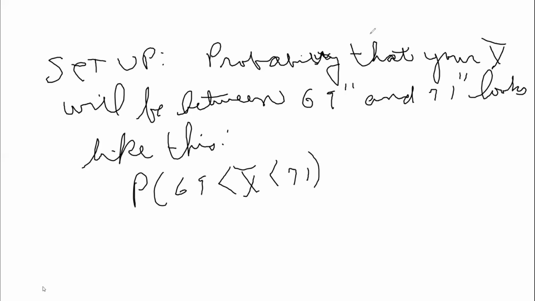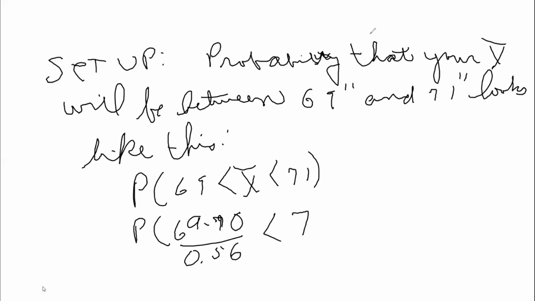So we do very similar things. Okay, remember from the first part we did this. We did 69 minus mu, which is 70, over 0.56 is less than z. 71, I'm sorry.